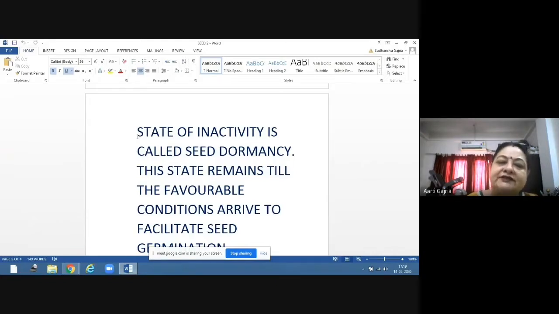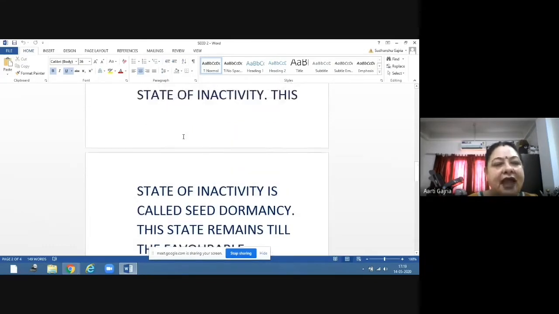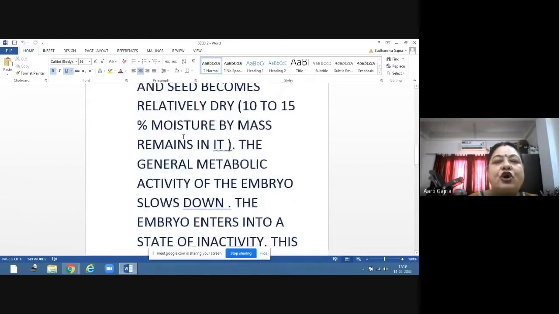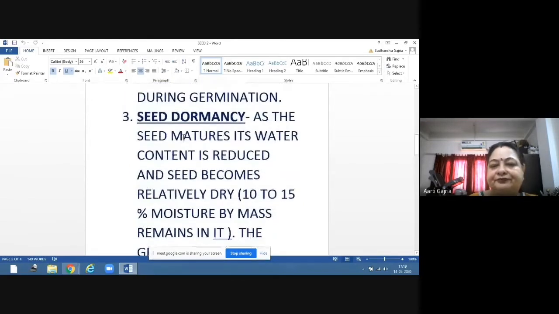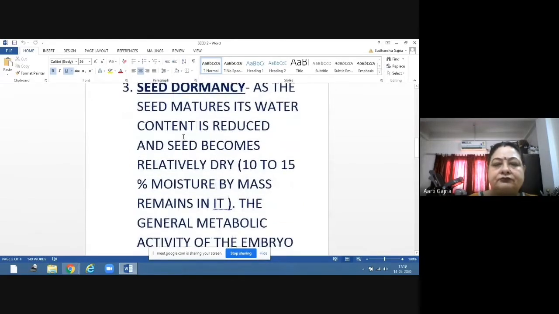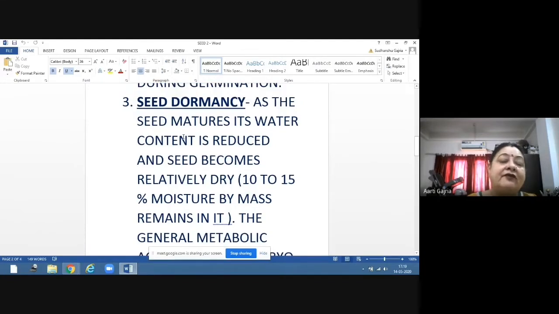When these favorable conditions are available, the seed will start germinating. Till then, the seed remains in the inactive state, and this is called seed dormancy. We will see the advantages of seed dormancy, because it is very advantageous to us. What seeds we are eating is all because of the dormancy.